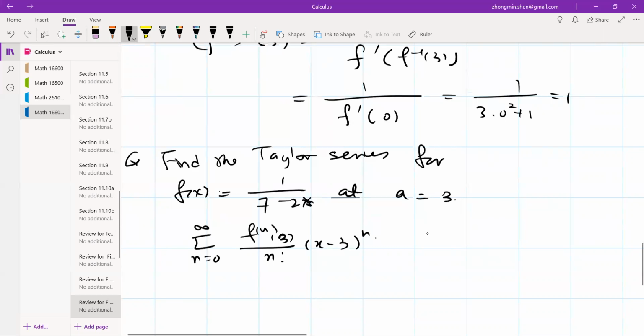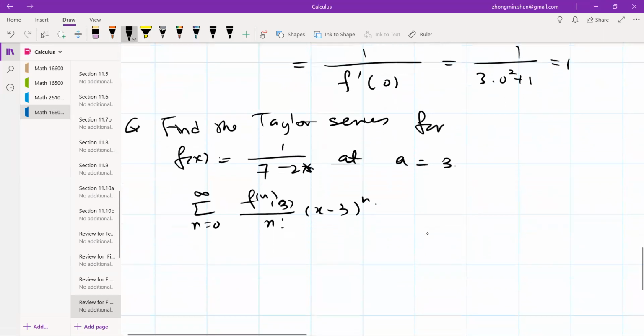If you only give me a few terms, like a first term, second term, it's not good enough. You have to write down the general formula. So we do not use this unless it's a brand new function, like finding a Taylor series for sine x or cosine x, which we never learned before. Then you have to use this original definition.